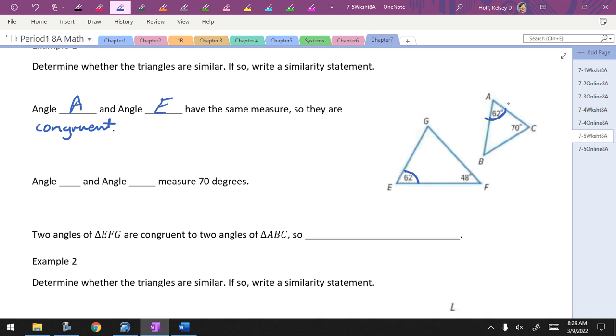Angle C, but G doesn't have a number. I'd like to say it's G, but how can you prove to me it's G? Courtney? Okay. How do you know that, though?